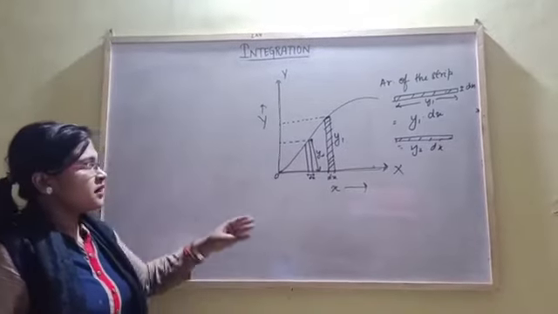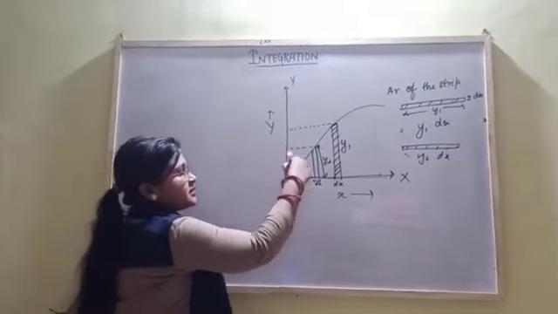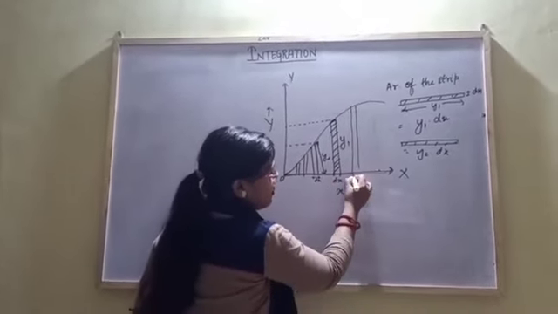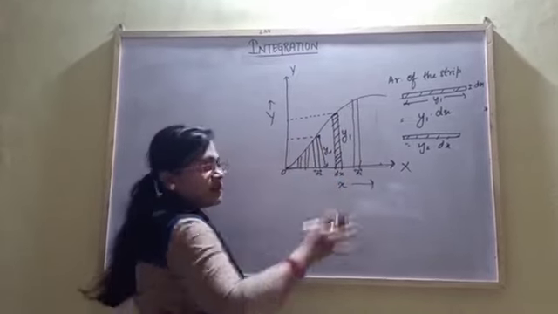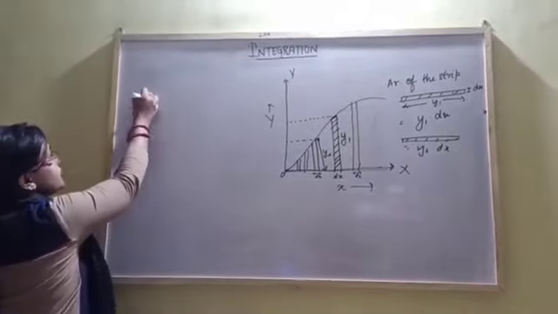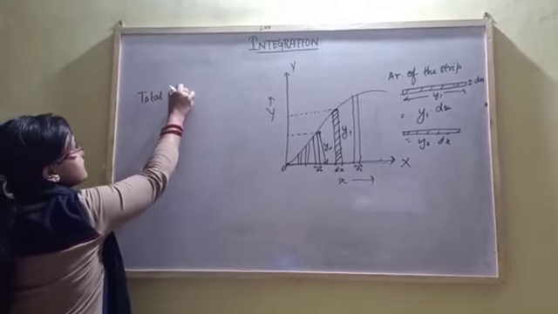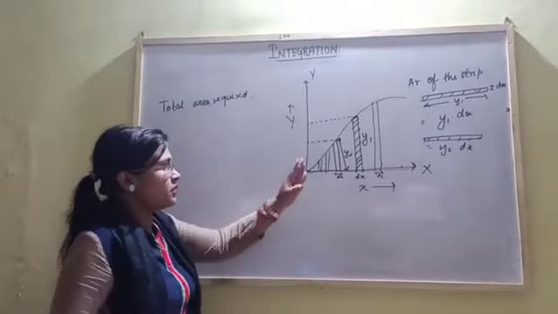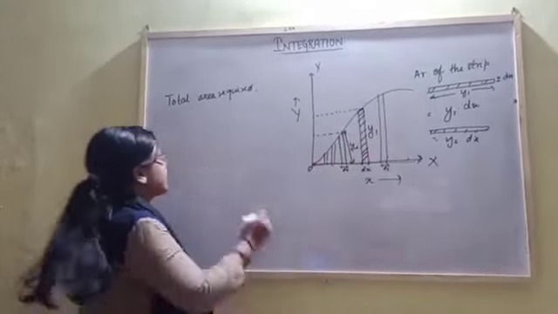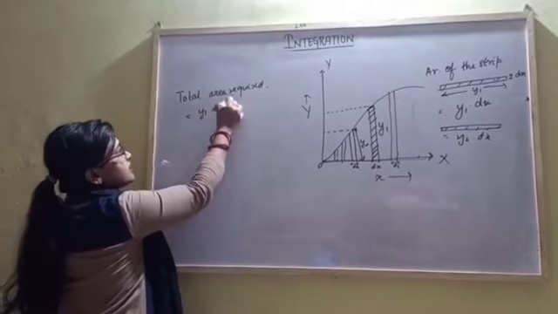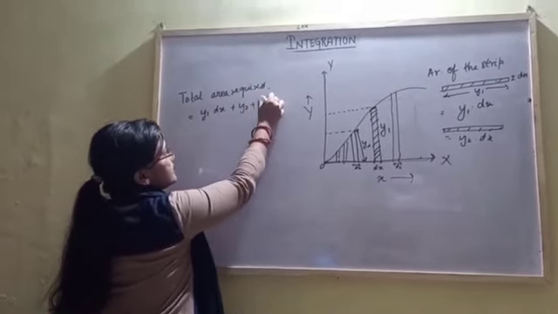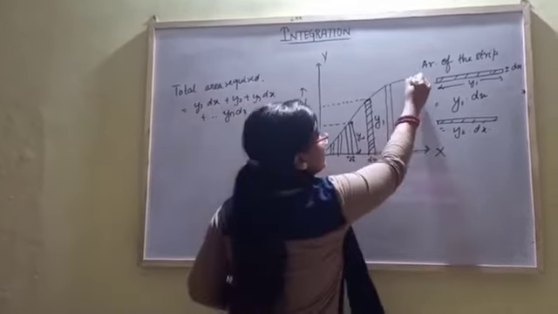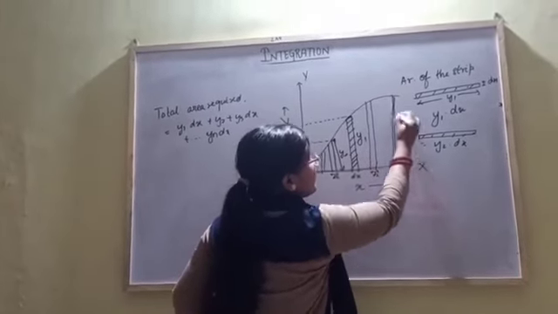Now if I cut this graph into small strips like this, each of breadth dx and varying length, the total area required can be the sum of the areas of these strips, that is y1 dx plus y2 dx plus y3 dx plus up to yn dx.